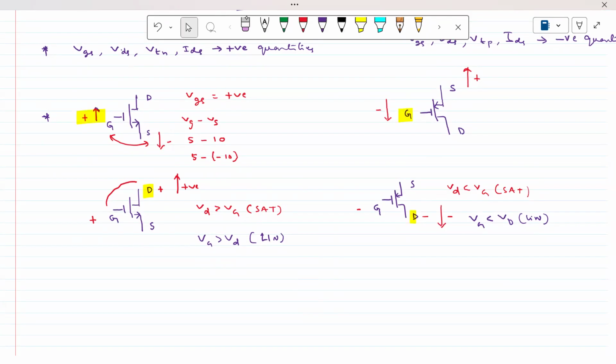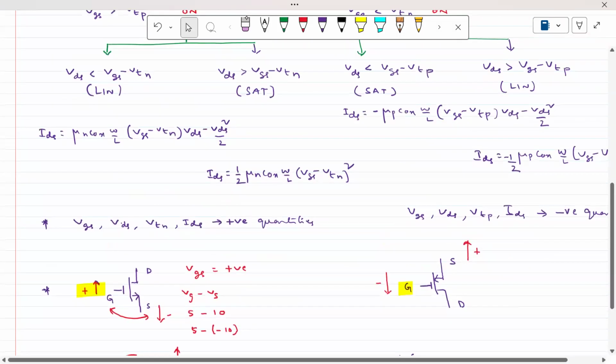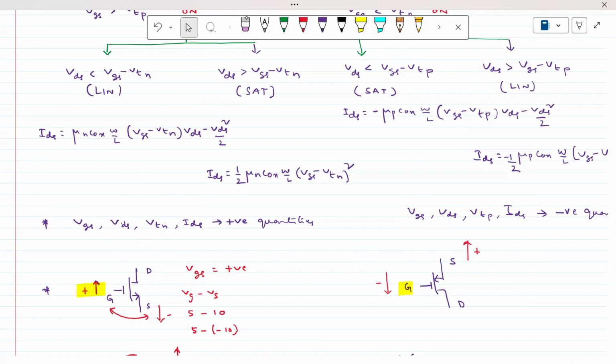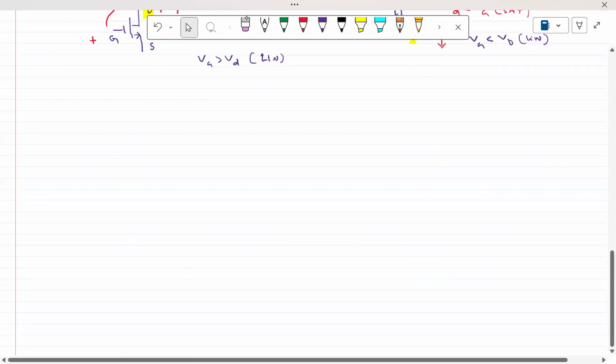Okay, how can we represent these negative quantities of the PMOS transistor as positive quantities? Okay. These are all the negative quantities. Whatever we have seen so far are negative quantities of the PMOS transistor. Now we would like to use them also as positive quantities. How do we do it? Okay. Now let us look at this point.